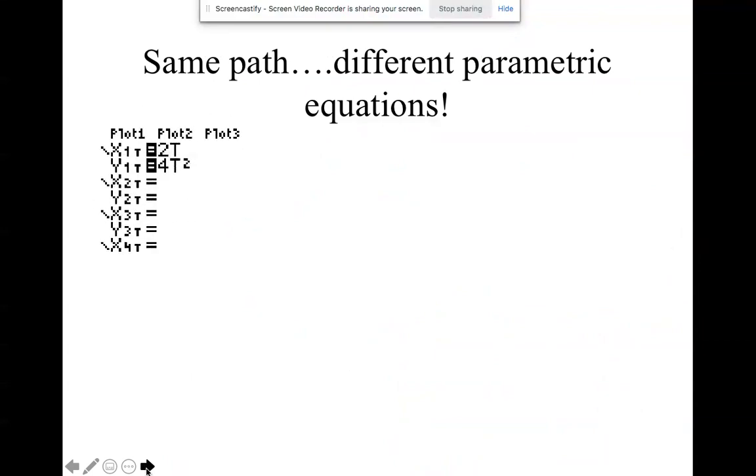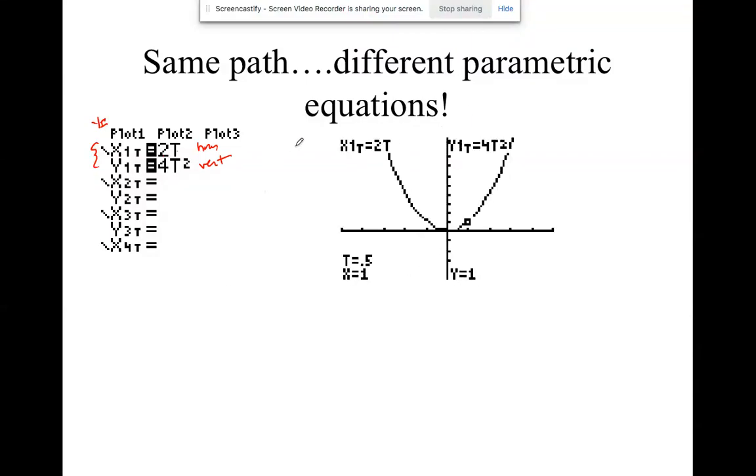Now check this out. The nice thing about parametric equations: go into y equals and change the parameters, the horizontal and the vertical component, to 2t and 4t squared. Keep your window the same and hit graph.